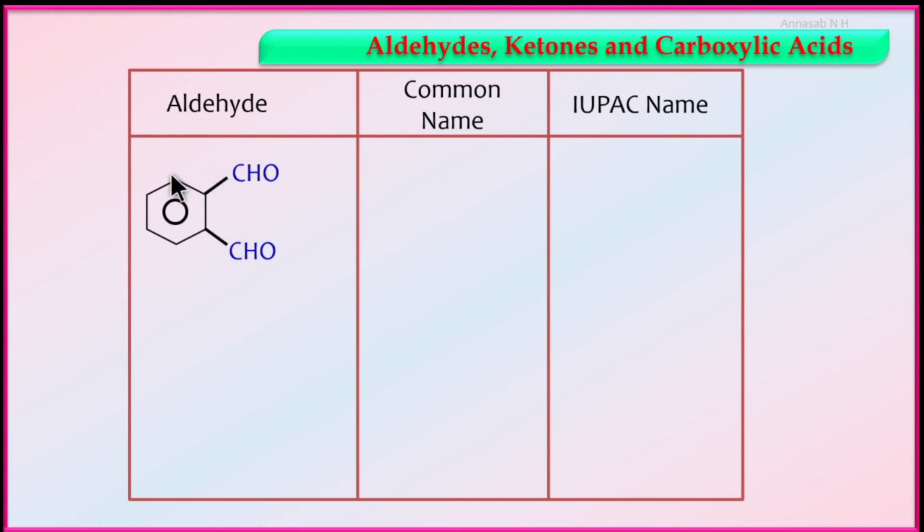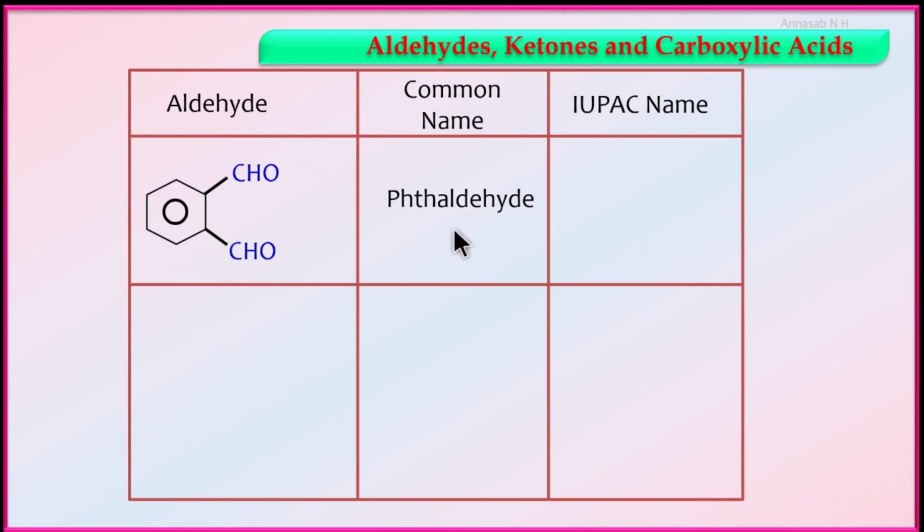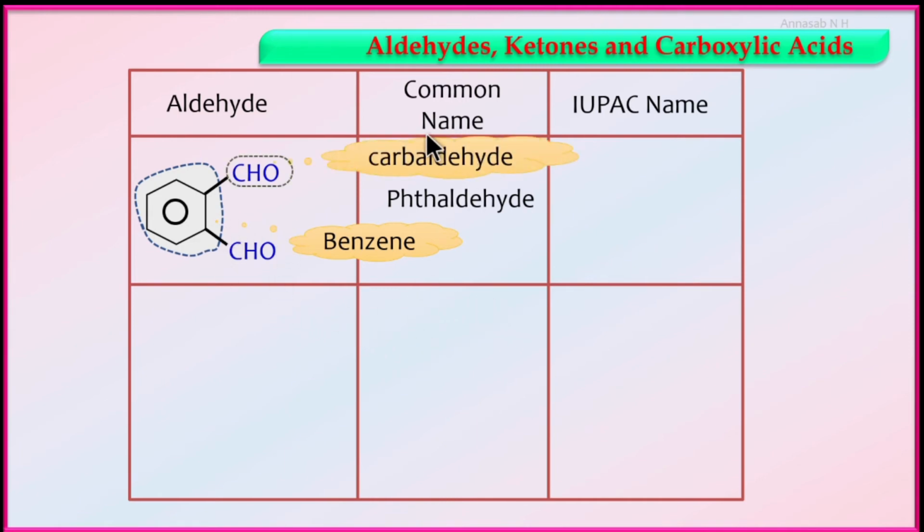A 6-membered aromatic ring and 2 CHO groups adjacent to each other, at the 1-2 position. The common system of naming is phthalaldehyde, PH silent. In the IUPAC system of naming, it is a 6-membered aromatic compound, benzene, with 2 CHO groups, and they are known as carbaldehyde.